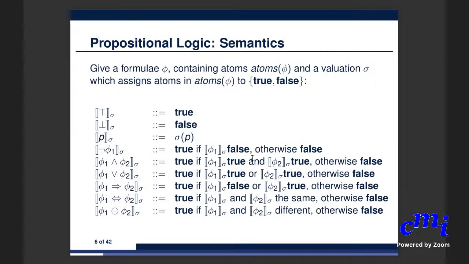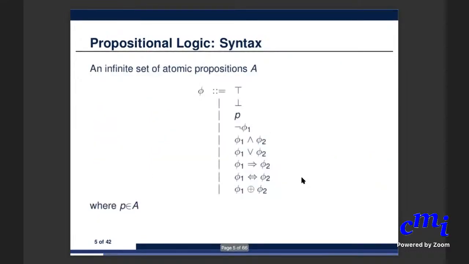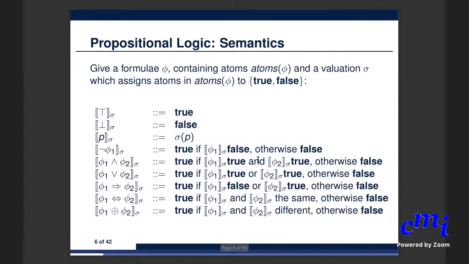So now we give meaning, and sometimes this meaning is also called interpretation, to each of the formulas constructed as per this syntax. That is, for every well-formed formula constructed as per the syntax.